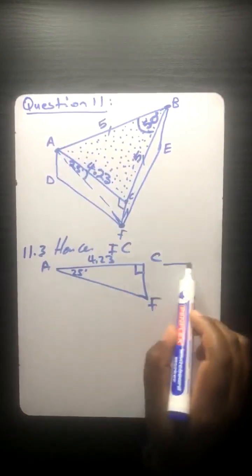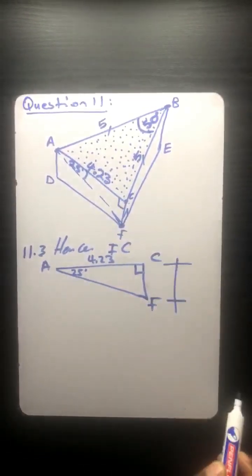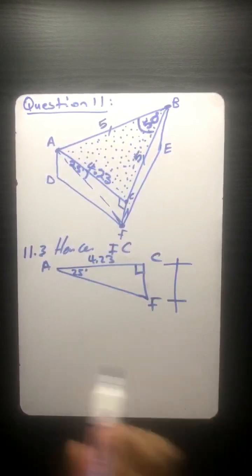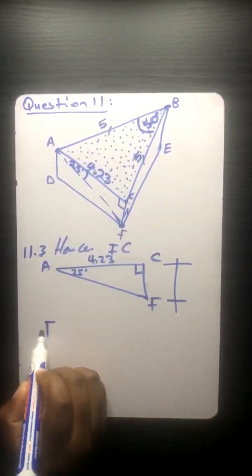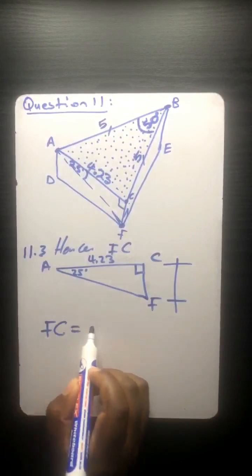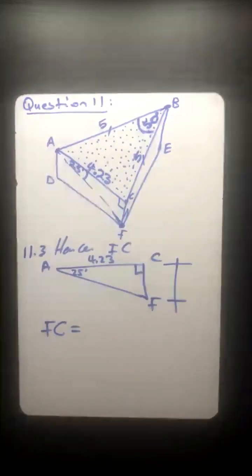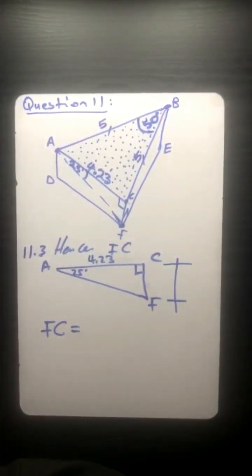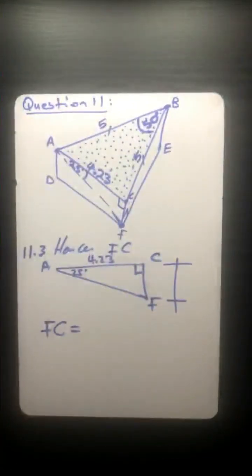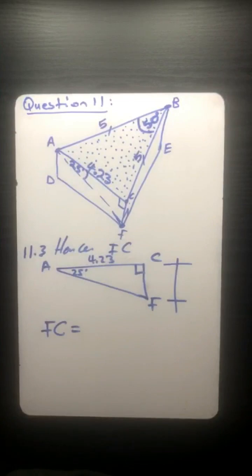So can anyone tell me what FC will be? What is the value of FC? Work it out from your side because this is grade 10. Try to work it out and let me know what the answer is.